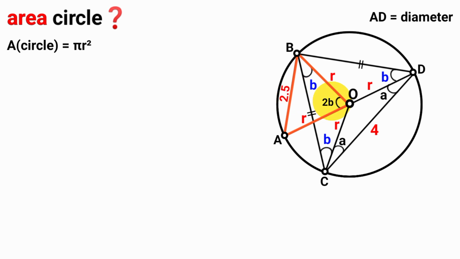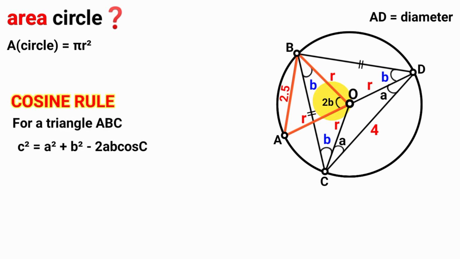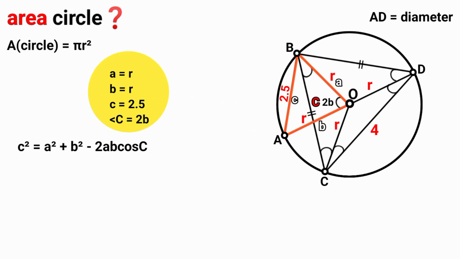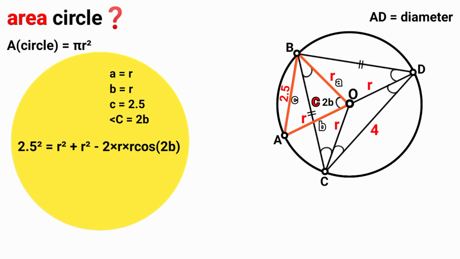Since the size of this angle is 2B, we use the cosine rule, by which for a triangle ABC, C squared equal to A squared plus B squared minus 2AB cos C. If we let this side be C, this must be angle C, and if this is A, this must be B. So A equal to R, B equal to R, C equal to 2.5 and angle C equal to 2B. Substitute it here. Now 2.5 squared equal to R squared plus R squared minus 2 times R times R cos 2B.